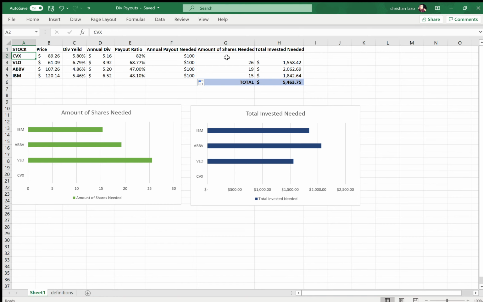Okay. So what you're gonna do here is you can even come up here or right here. I typically like to use this. Well, I use both, but in this case I'll use the top so you can see. I'm gonna put the equal sign, and we're gonna click on F2. We're gonna divide that by, I believe it is the share price. Ha!